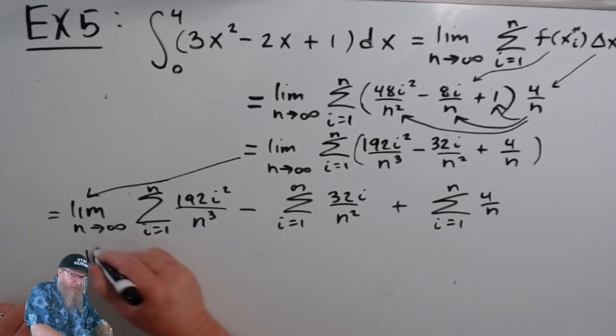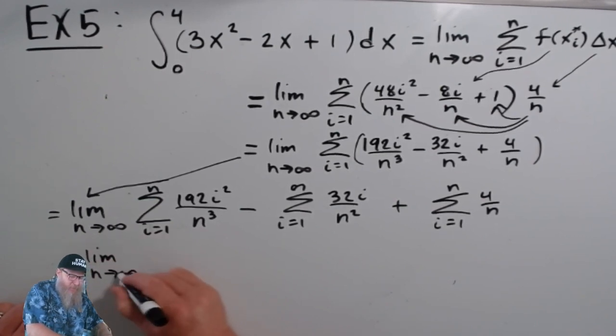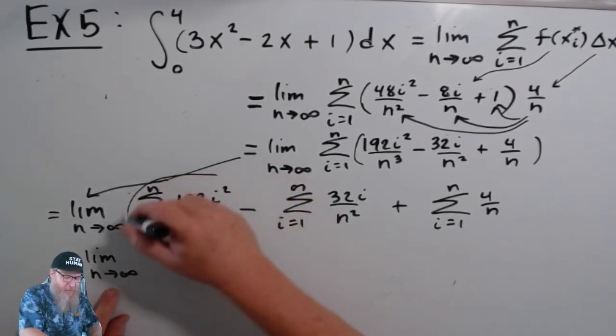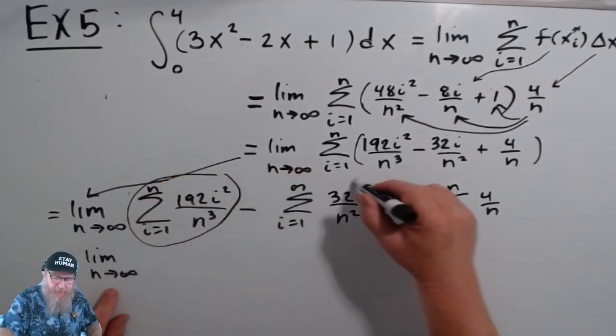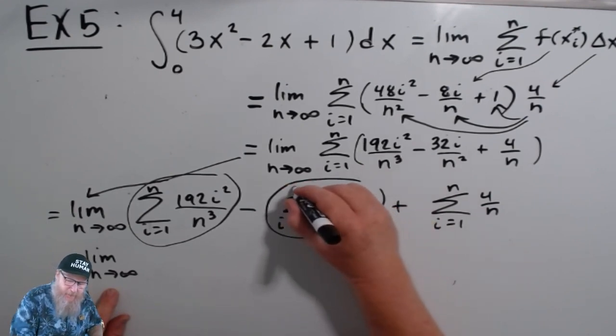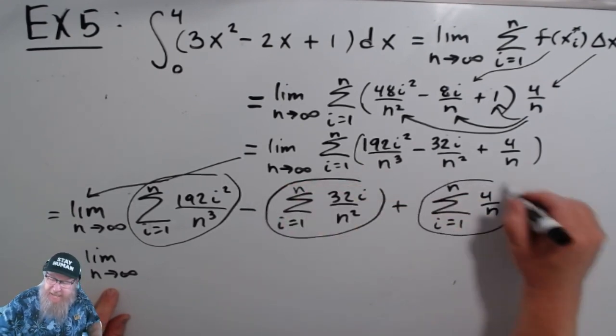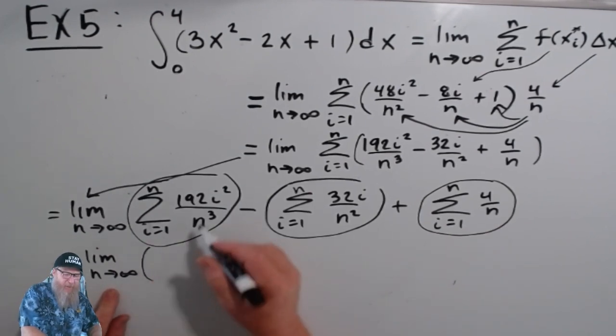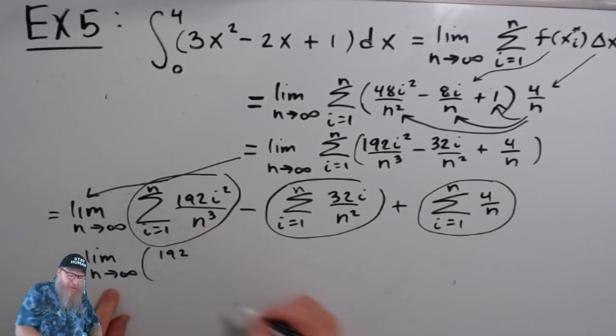Don't take the limit quite yet, so just copy down the symbol for limit, and now let's do these one at a time. Each one of these will have its own recipe, or its own technique, its own trick, whatever you want to call it. So it's going to be 192.